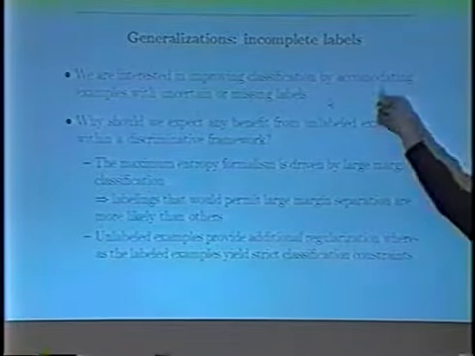Okay, so more interesting generalizations. If we have a large number of unlabeled examples and only a few labeled examples, we would like to derive a classifier that's better because it exploits the unlabeled examples. Before doing that, we should think about why we would even expect unlabeled examples to benefit in a discriminative setting. If we are only interested in the conditional relation between example and label, and the label is missing, what possible information do I have from the unlabeled examples?